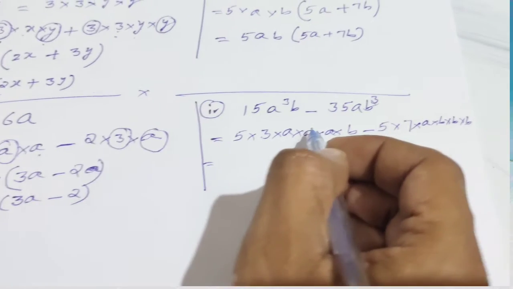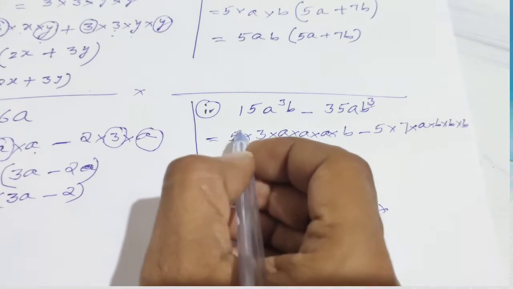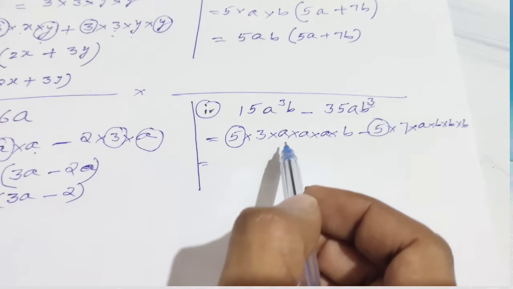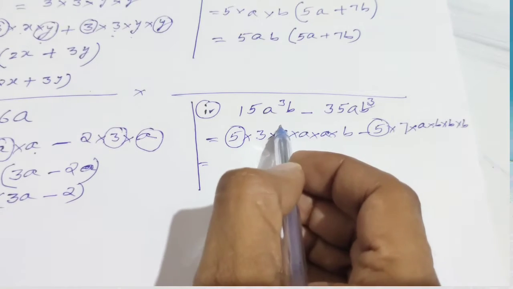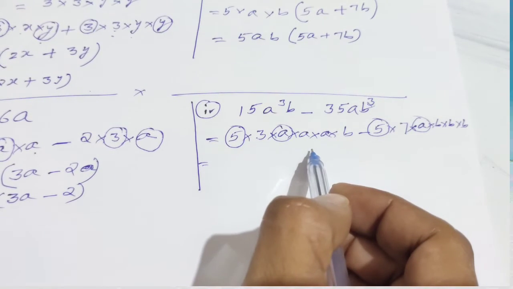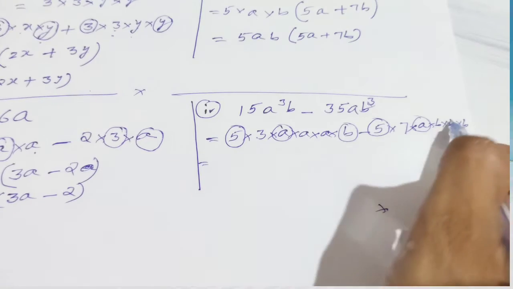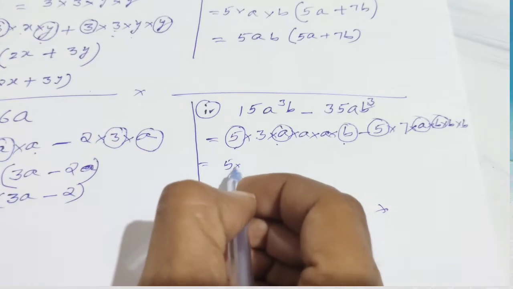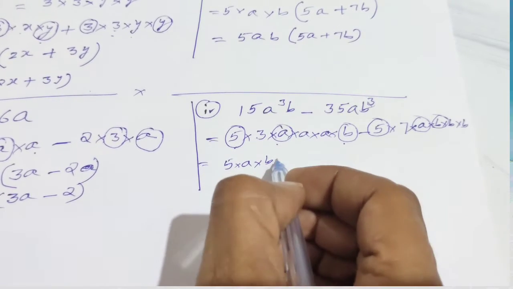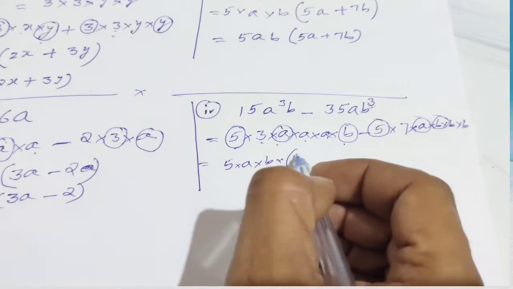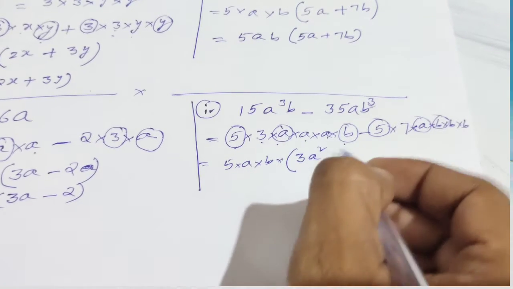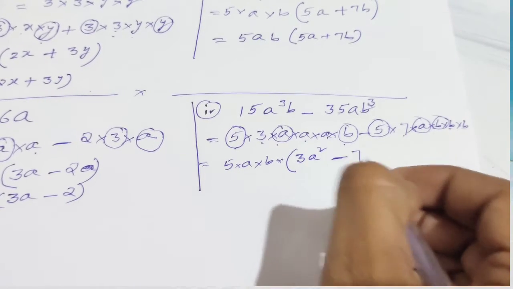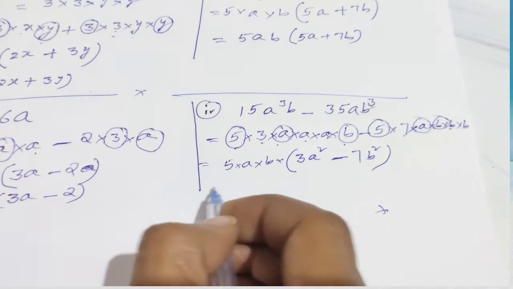Now in both of these we can take common 5, round that common factor 5, and then a, and then b. That means we have 5ab as a common factor, take it outside, 5ab, and the remaining 3aa, that is simply you can write 3a square in the first term minus 7b square in the second term.